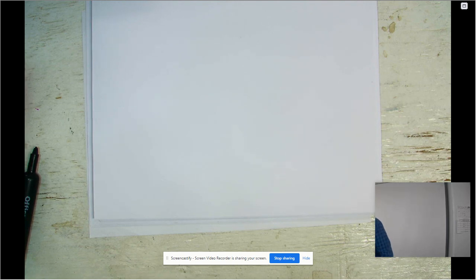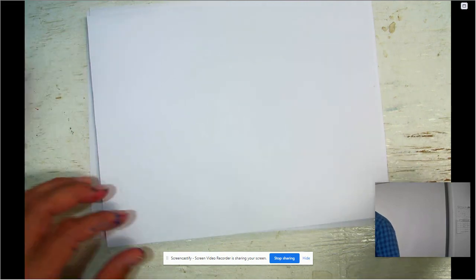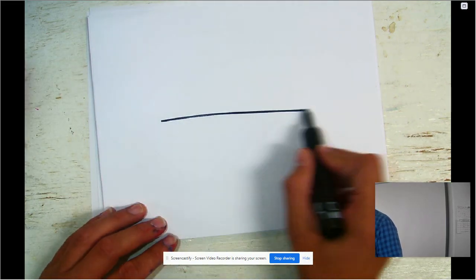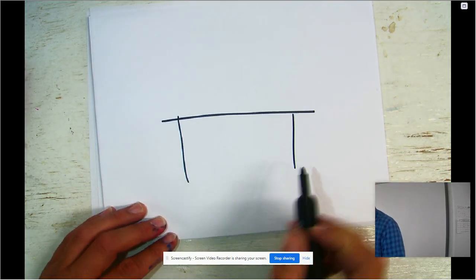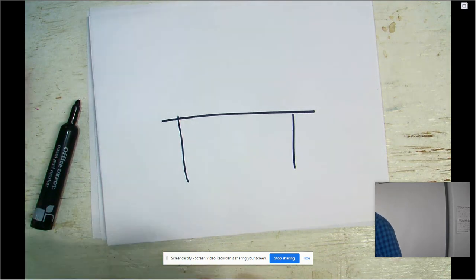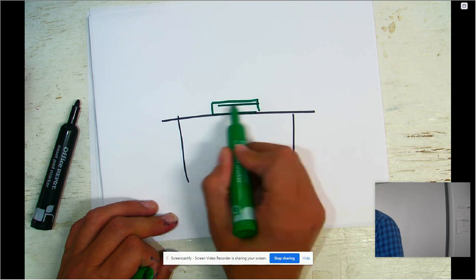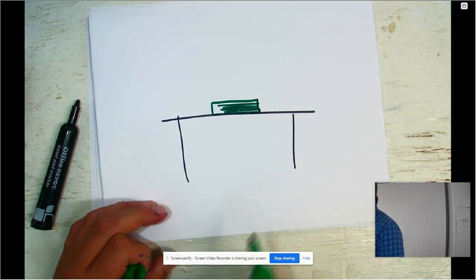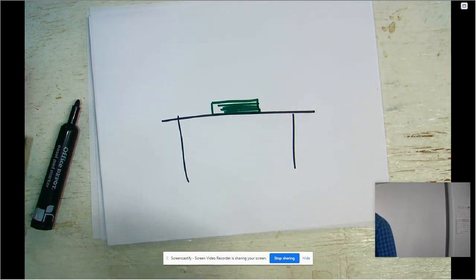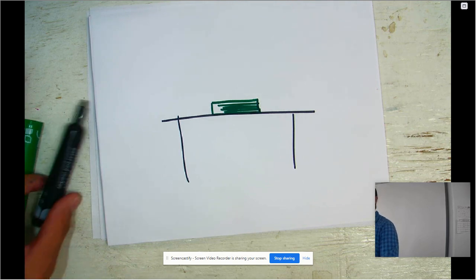Okay? So let's take a look at a real world example of a free body diagram. Let's say that you have a table, and on this table you have a book. A book is easy to draw. Here's our book. That book has a weight.